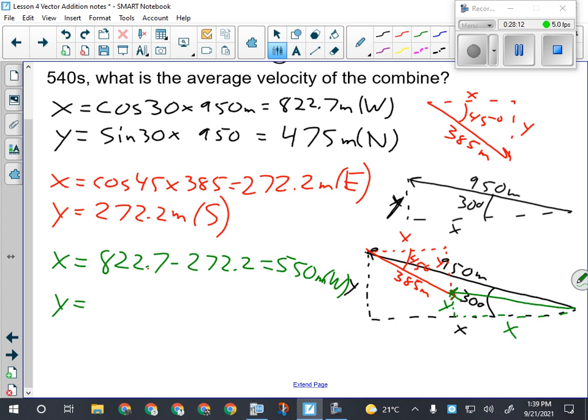Okay, so for the y, I've got 475 meters north plus 272 meters south, which means I'm subtracting them again.